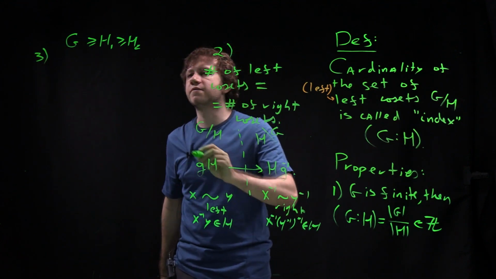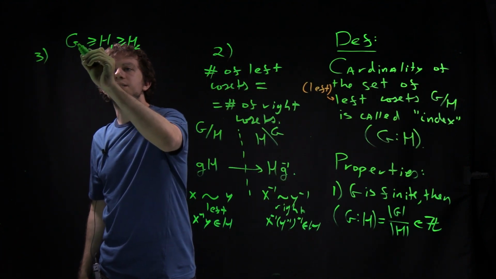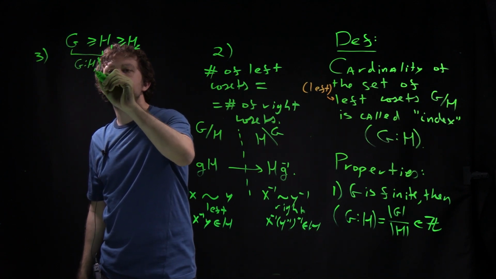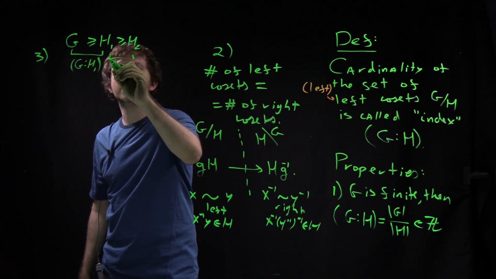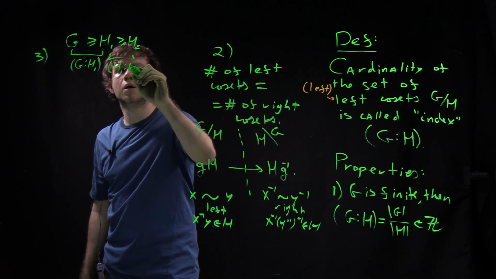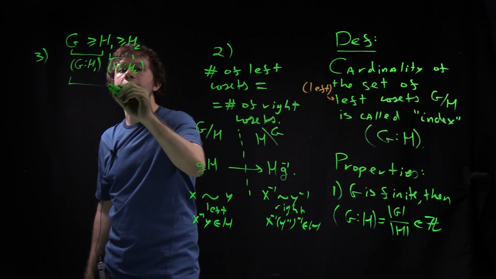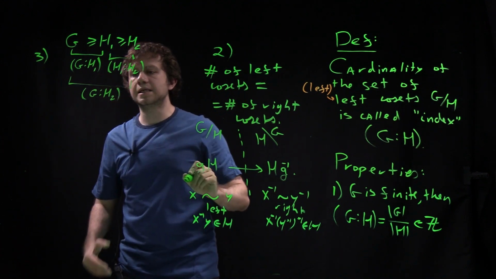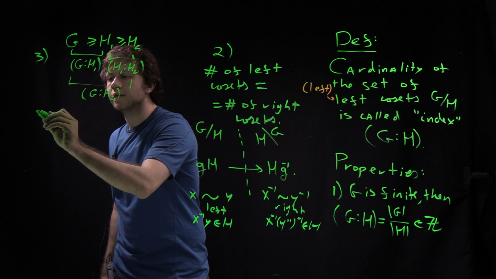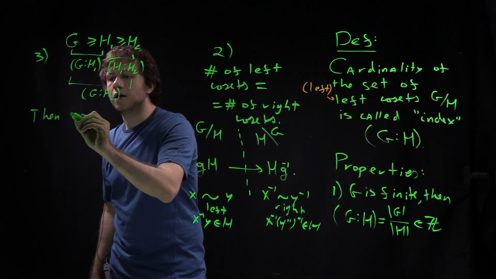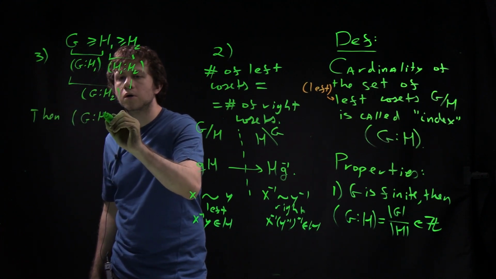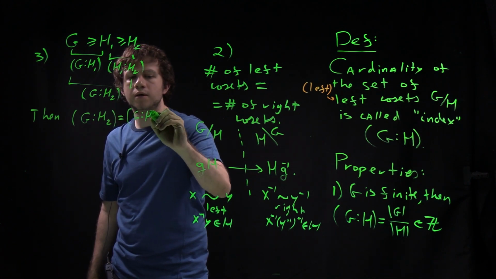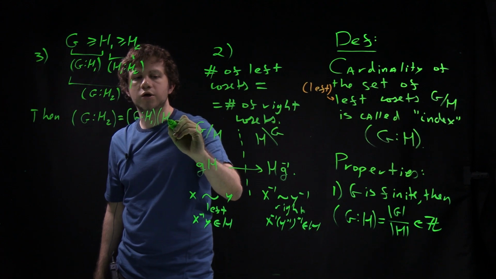Then we have three indices: the index G : H1, the index H1 : H2, and finally the big index G : H2. The statement is that G : H2 equals G : H1 times H1 : H2.